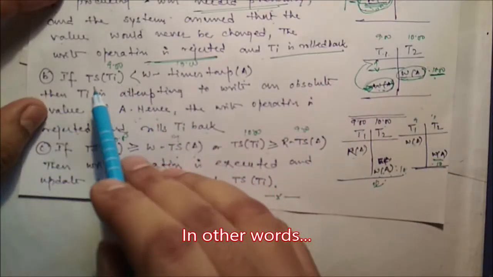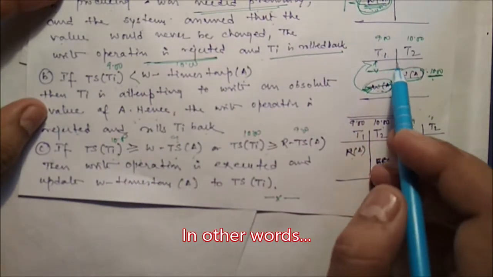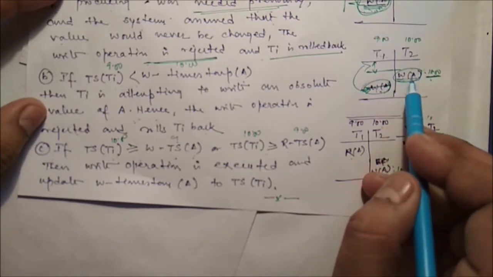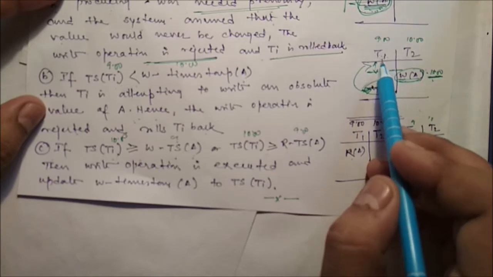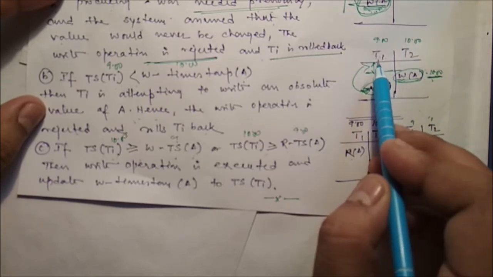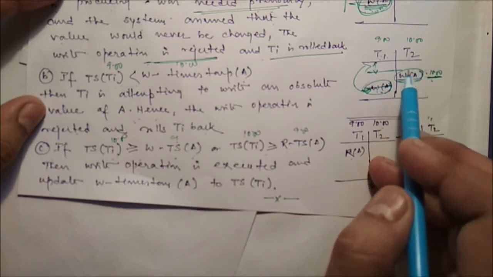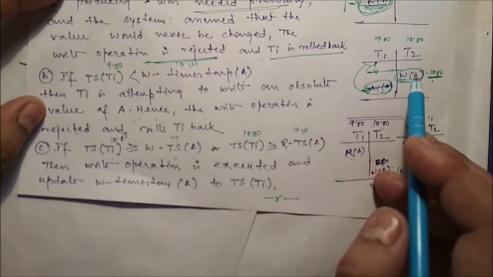We can see here TS(Ti) is less than W-timestamp of A. Now T1 tries to write, but it is already written by the other transaction, which is the younger one. So the older transaction must execute all its operations before the younger transaction operates on the same variable. That is the basic principle of conflict serializability.